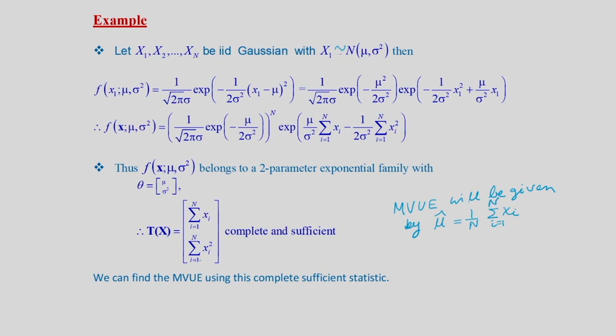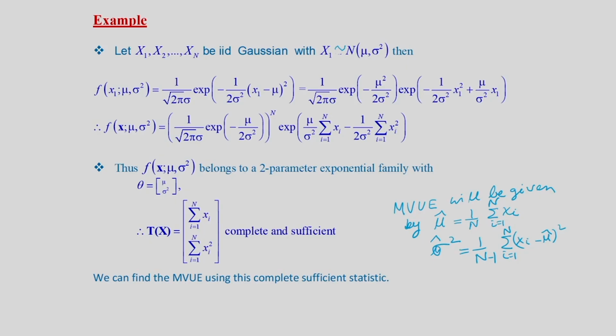And for the other one we can show that the estimate sigma hat square will be equal to 1 by n into summation xi minus mu hat whole square, i going from 1 to n. This is not n, this is n minus 1. Then this estimator will be unbiased, and this is the MVUE for sigma hat square.